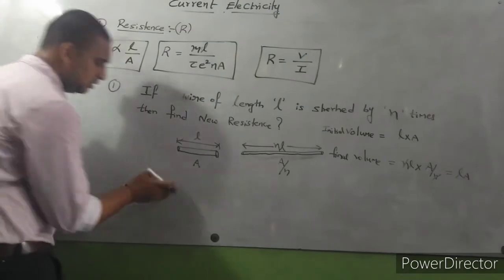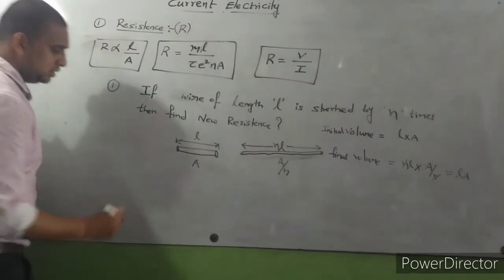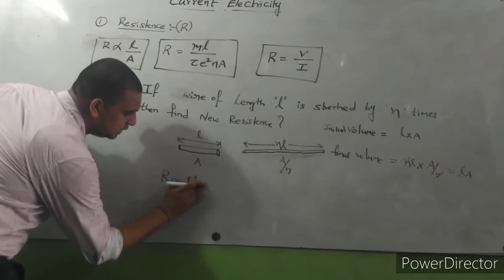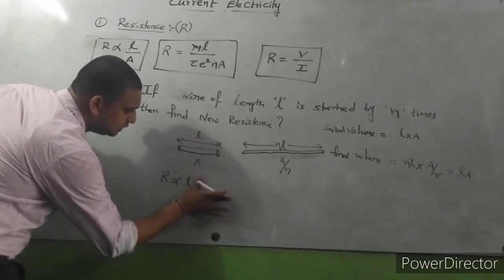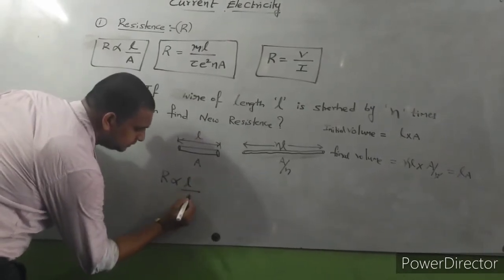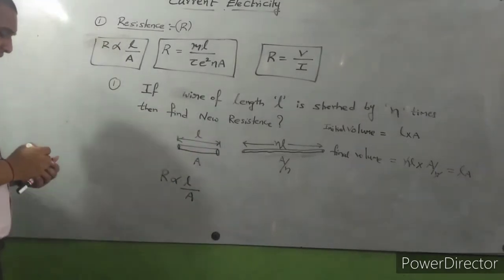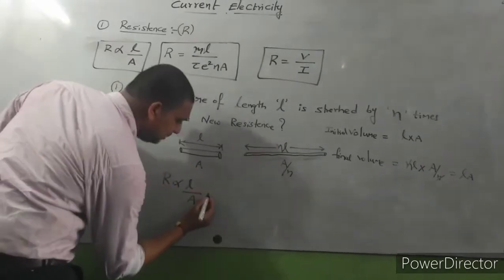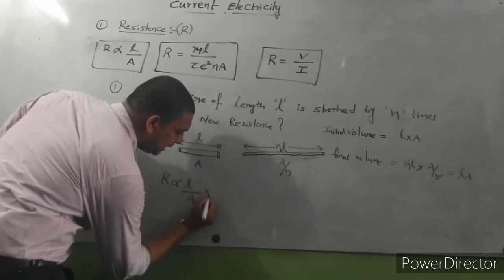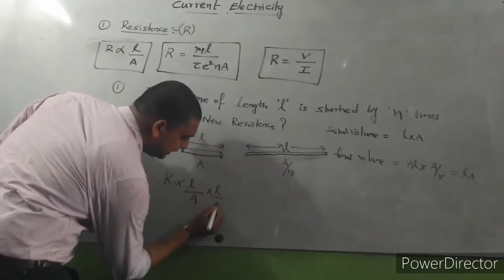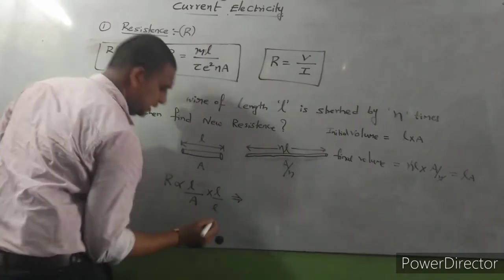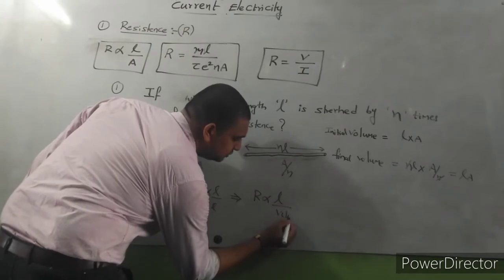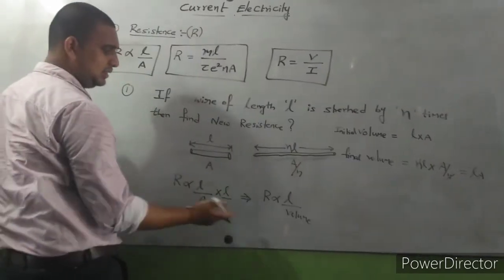Here volume is constant, that's why I multiply numerator and denominator with L. Then resistance is directly proportional to L by volume, because area into length is volume.